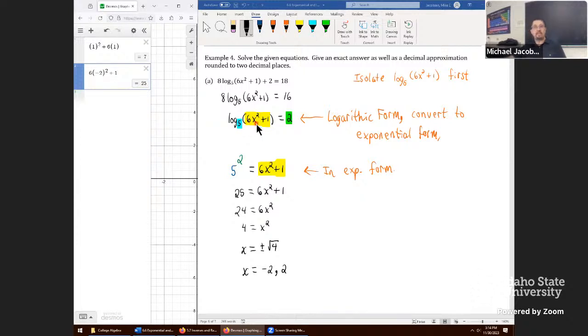So log base 5 of 25 equals 2. Let me write over here on the margin. That right there is a true statement, because 2 is the exponent that 5 must be raised to in order to get a 25. Or just convert it to exponential form, it would read 5 to the power of 2 equals 25.